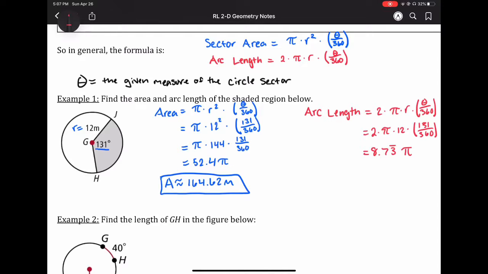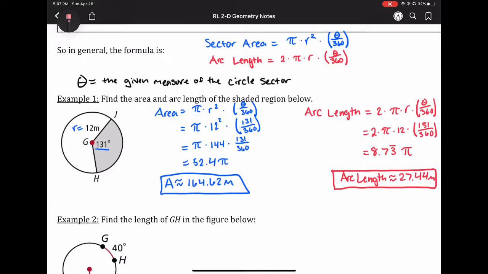When I multiply those two irrational numbers together, that gives me, for my arc length, the total of about 27.44 meters. Again, rounding to 2 decimal points.